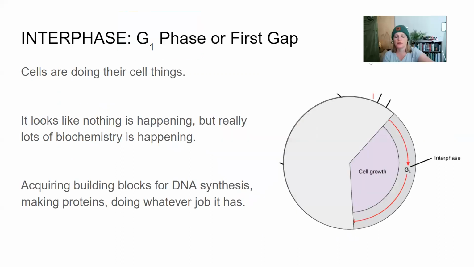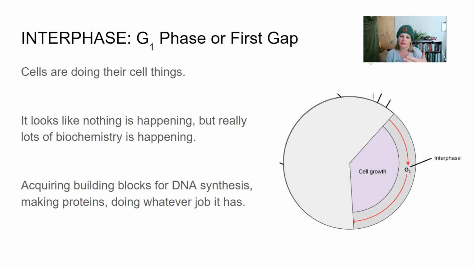So let's break this down and talk about what's happening in each of these phases. In our growth 1 phase, or first gap, cells are just doing their cell thing. They're making proteins, doing some cellular respiration.